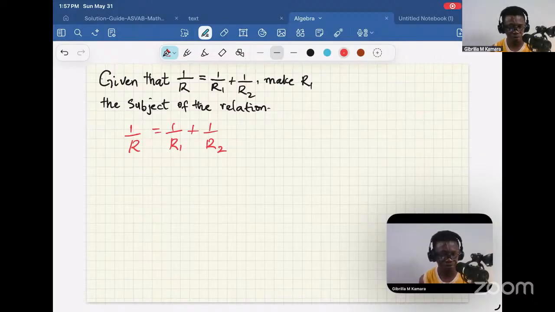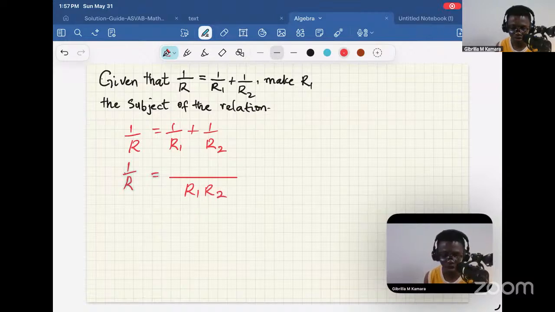Okay, so let's solve this quickly. The first thing we have to do, we say 1 over r equals, find the LCM between r1 and r2, which is just r1 r2.